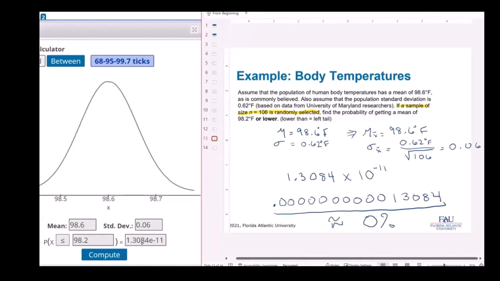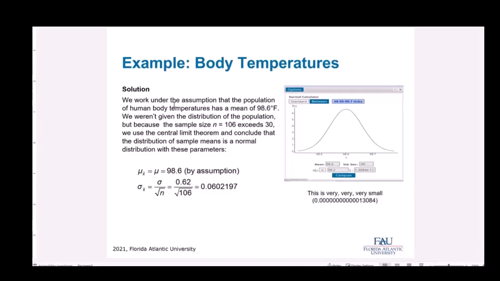If a sample size of n equals 106 is randomly selected, the probability of a mean of 98.2 degrees Fahrenheit or lower is really pretty much 0. We work under the assumption that the population of human body temperatures has a mean of 98.6, but because the sample size is n equals 106, which exceeds 30, we use the central limit theorem and conclude that the distribution of sample means is a normal distribution.